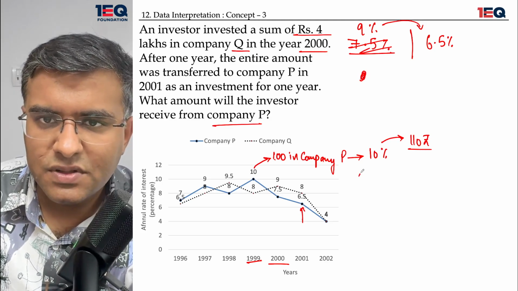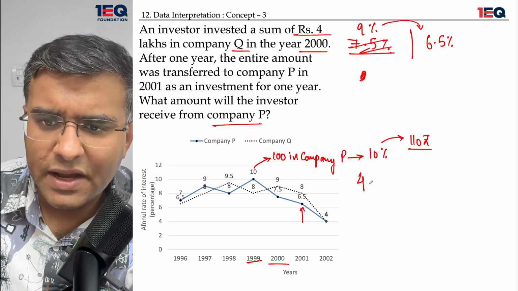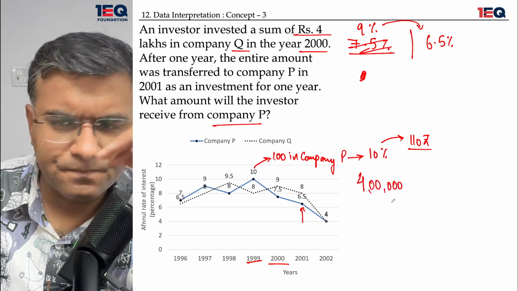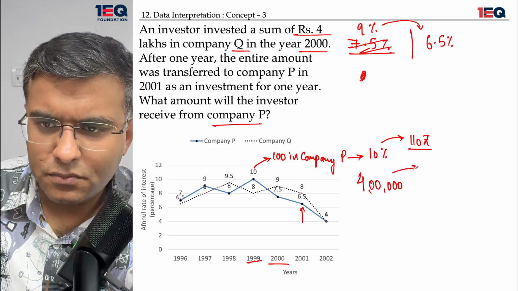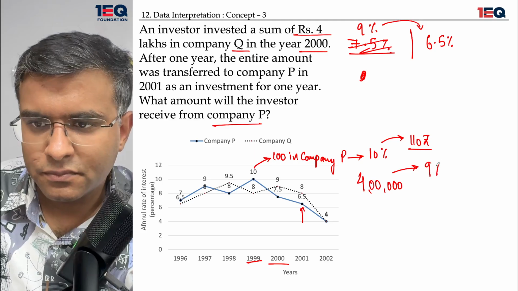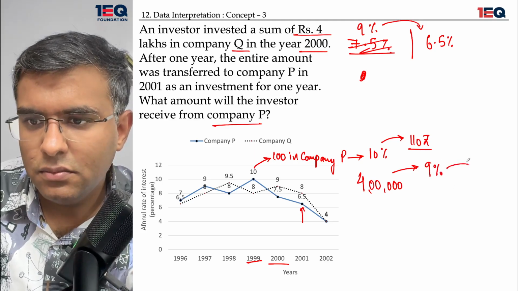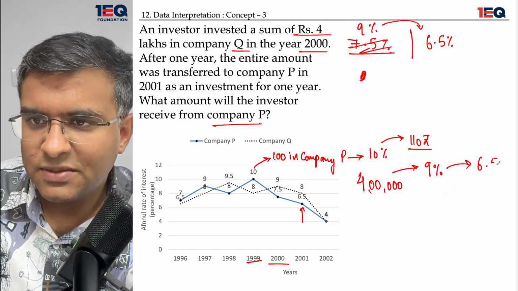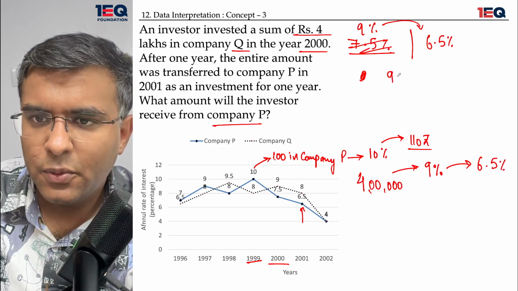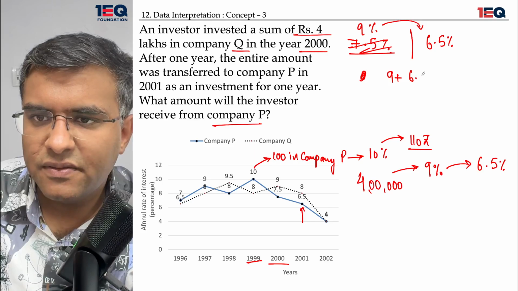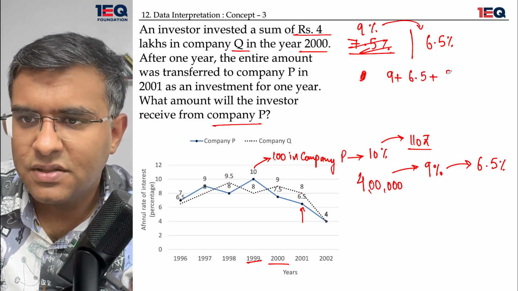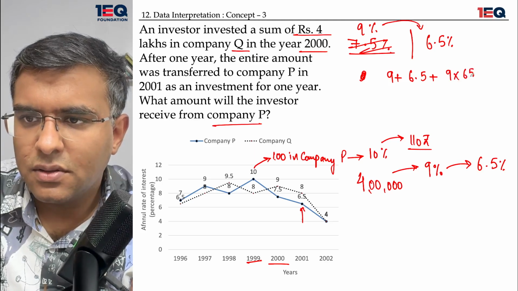The investment was 4 lakh. This 4 lakh would be subjected to two growths, one of 9% and the other of 6.5%. What I can do here is quickly apply successive increase in percentages and find out one final percentage, which is my answer.